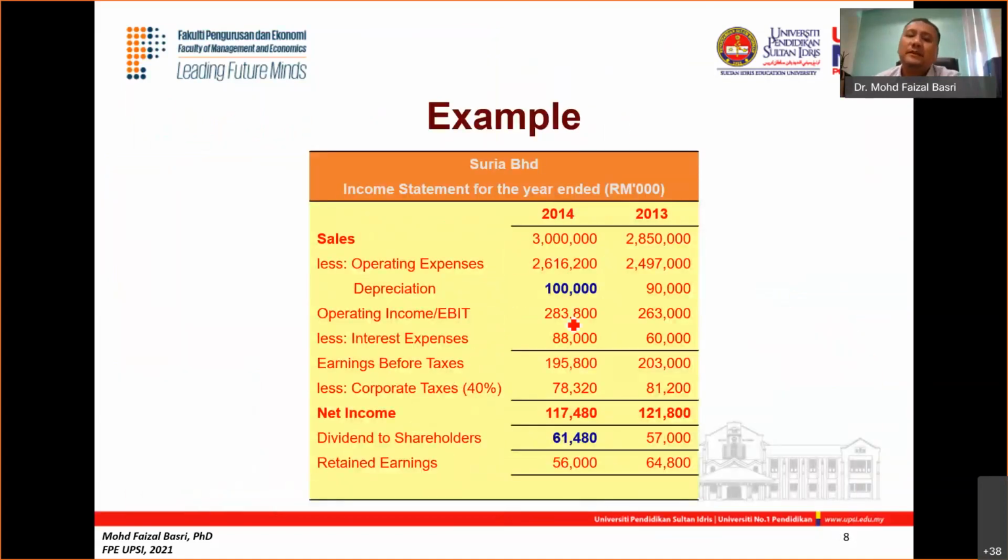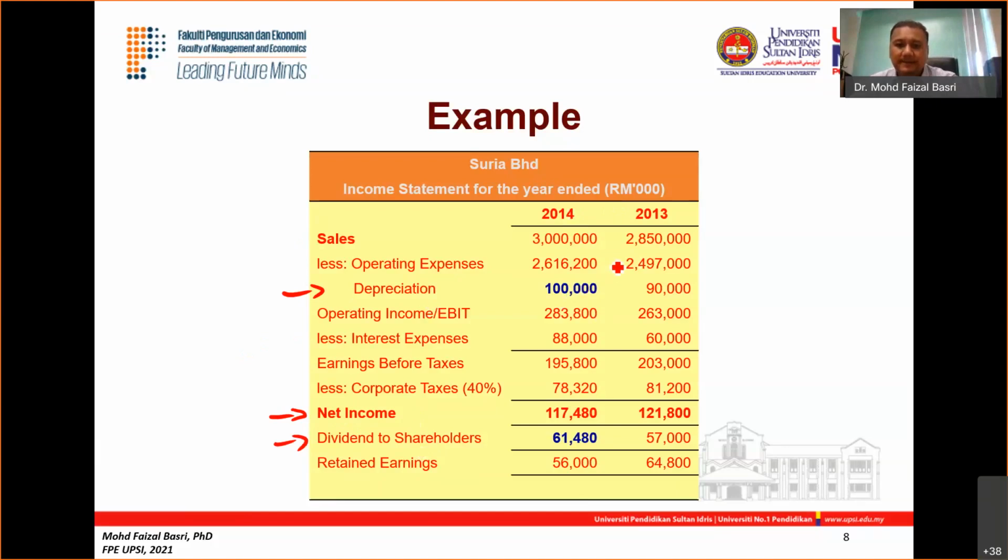Right. Now we have 3 items that we focus on from the income statement. We're gonna need 3 items only. We need the net income. Okay. We need depreciation, and we need dividend. Okay, from income statement, we just need these 3 items only: depreciation, net income, and dividend.